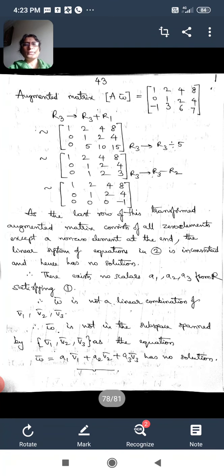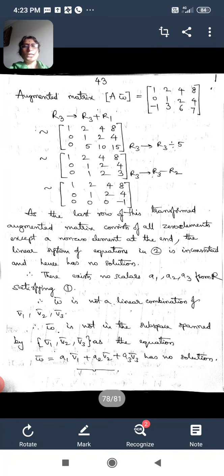That is, there exists no scalars a1, a2, a3 from the set of real numbers which satisfy equation number 1. So if there are no values for a1, a2, a3 in equation 1, we can say that W bar is not a linear combination of V1 bar, V2 bar, V3 bar.